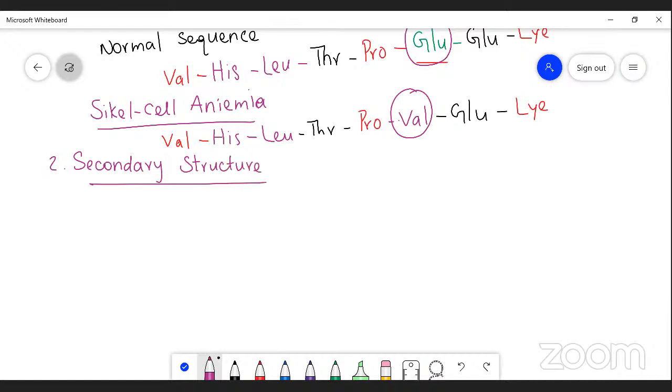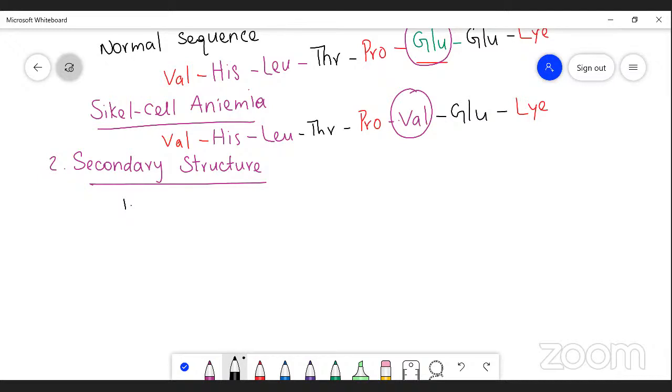And what does the secondary structure refer to? The secondary structure refers to the manner in which the protein chain is folded.